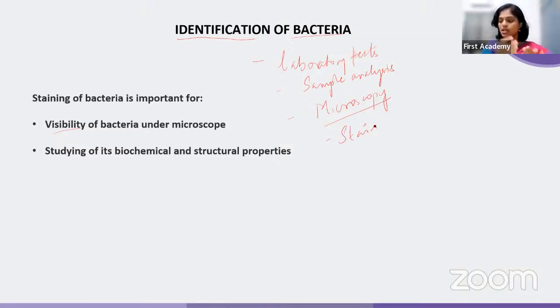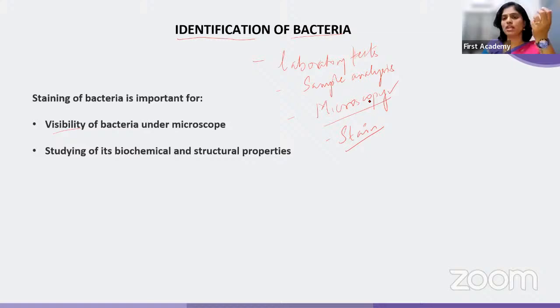The whole idea is we want to create a contrast between the organism and the background. So when you add some color, if the bacteria take up this color and the background is in an opposite color, then you will be able to visualize bacteria under the microscope. So technically, you have to add a stain so that you can identify bacteria under a microscope.